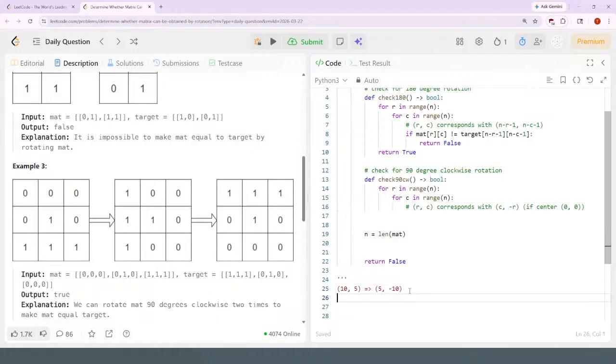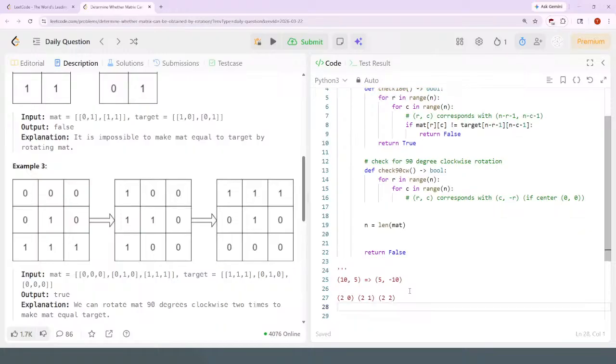So I'm thinking, last row is going to be 2,0, 2,1, 2,2, and then that translates to the column that is 0,0, 1,0, 2,0.